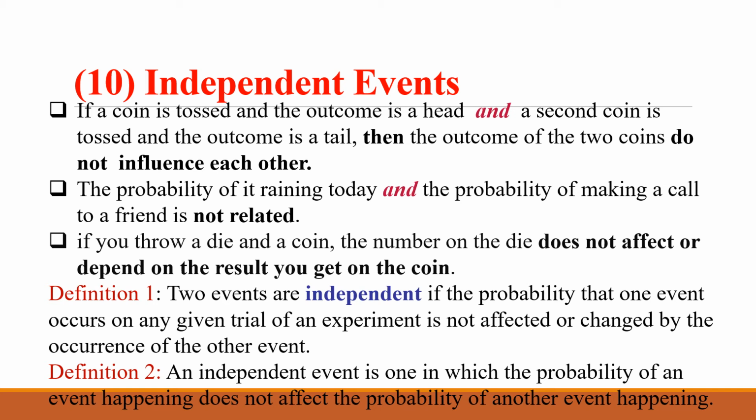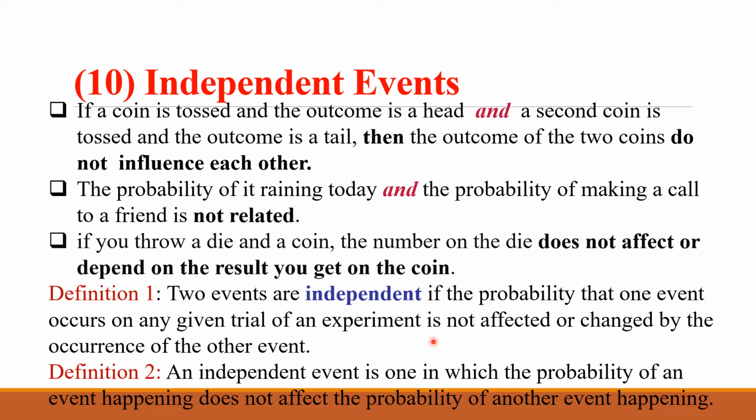So in which case we are saying that two events are independent if the probability of one event occurring on any given trial of an experiment is not affected or changed by the occurrence of the other. What do I mean?